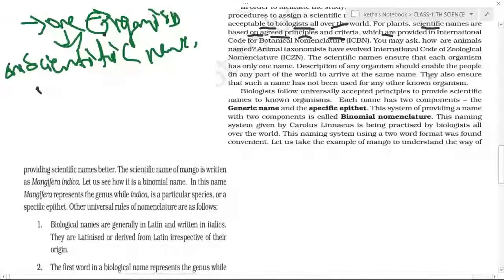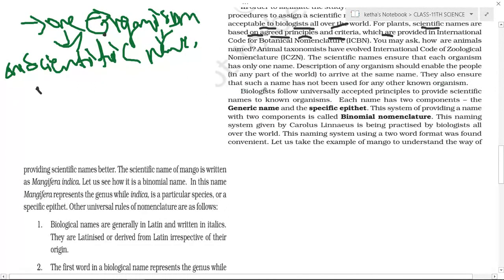The description of any organism should enable people in any part of the world to arrive at the same name. So instead of confusion about these organisms, each single organism has been given a single scientific name.